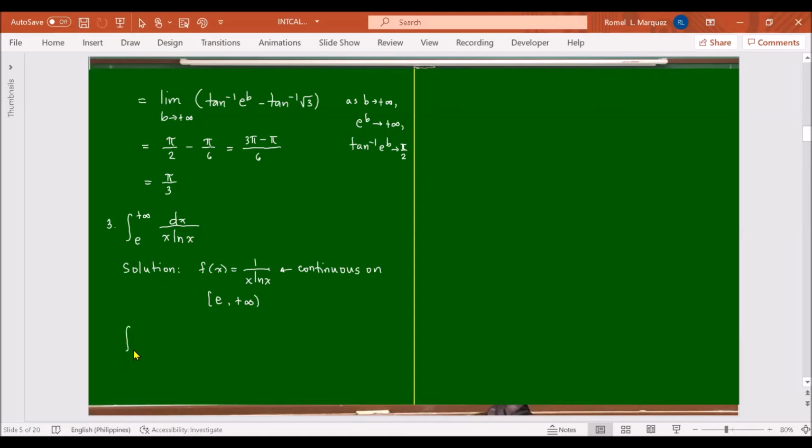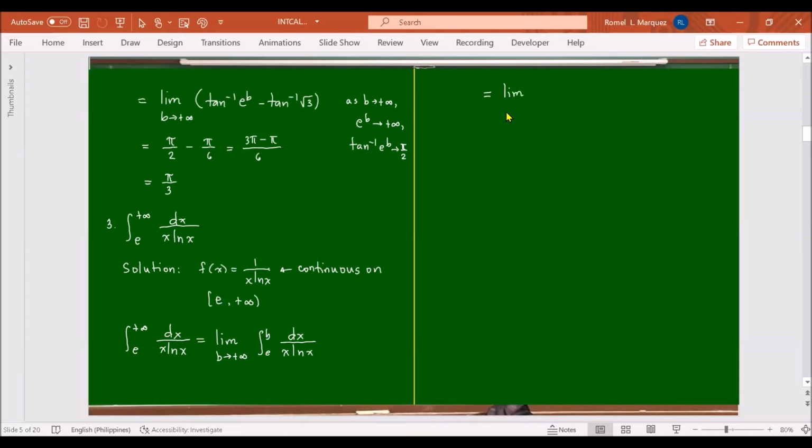So the integral from e to positive infinity of dx over x ln x is equal to the limit as b approaches positive infinity of the integral from e to b of dx over x ln x. So how do we evaluate this integral? We can apply the integral of du over u.